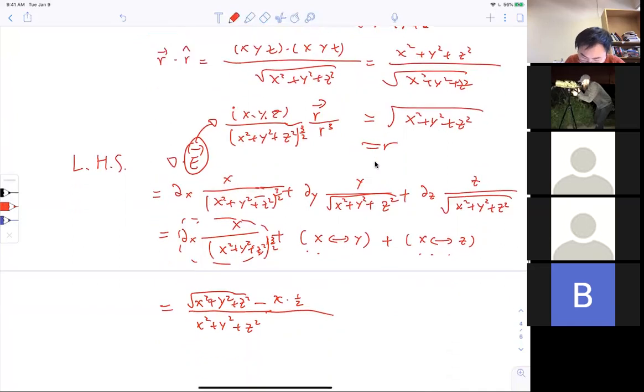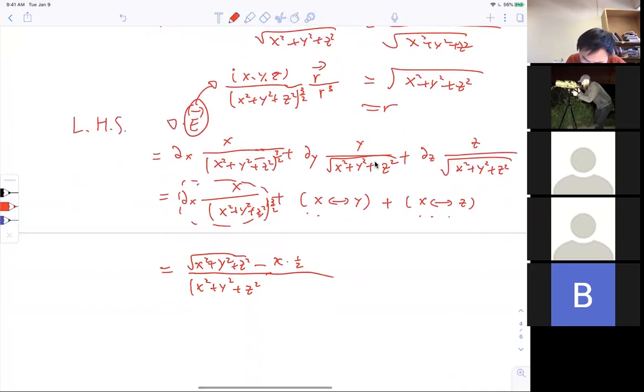So this becomes 3 and x squared plus y squared plus z squared, 2x.